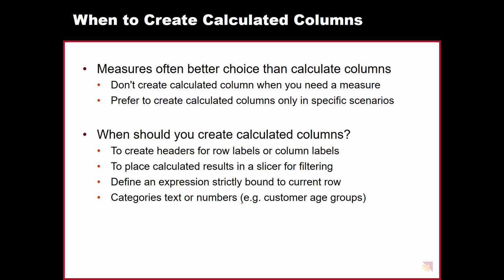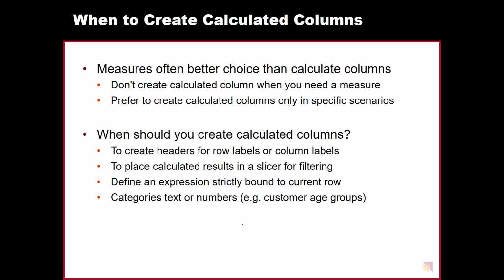So why are measures a better choice than calculated columns? Generally you should prefer measures because they look at various parts of the report and see if there's filtering involved. So measures are calculated at runtime and can take the filtering context into account.